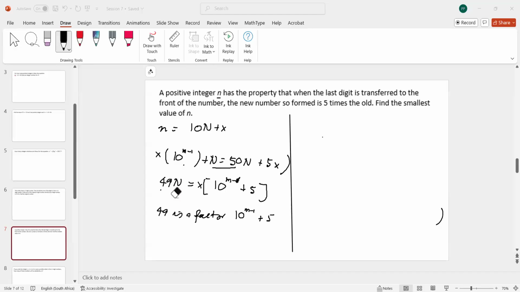Don't worry about n. And this is a multiple of 10 to the m minus 1 plus 5. So 49 is a factor of this side, therefore it's a factor of this side, but x is a single digit. So 49 will have to be a factor of this. Oh, but not quite. You see, x could be 7. If x is 7, so let's just worry about that. We can't make this conclusion yet, sorry.